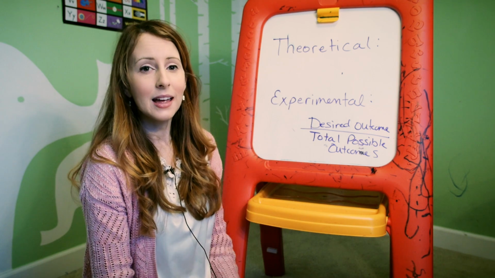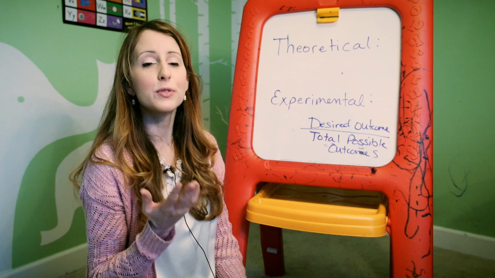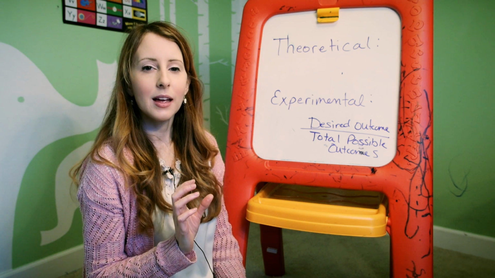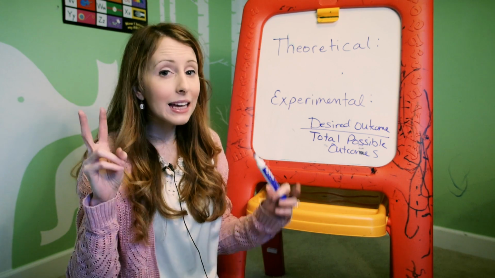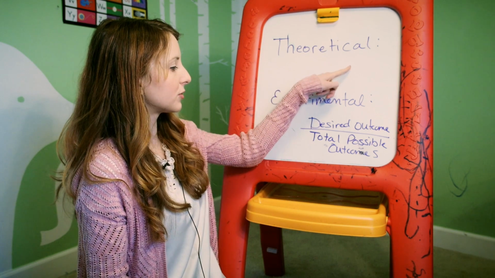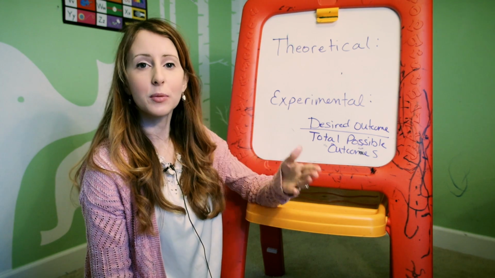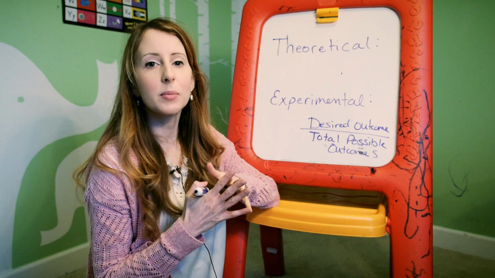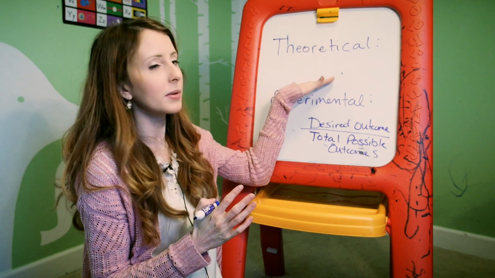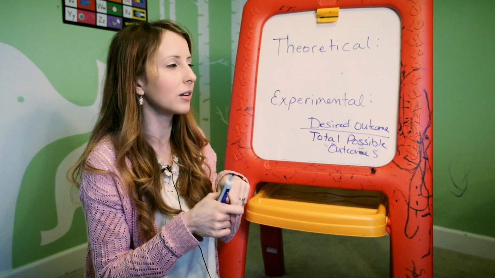Theoretical probability is, instead of having to physically do it, you use formulas, and you basically come up with mathematically, in theory, what should happen. So if you're dealing with shapes, you can take the formula for the area of a square, and you can put it over the formula for the area of a circle if that square happens to be inscribed within the circle.